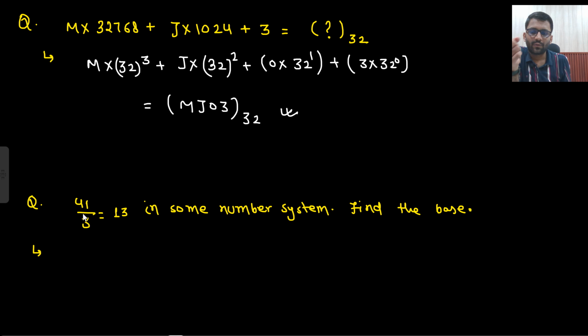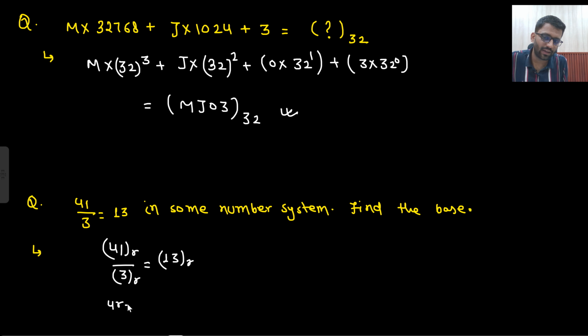Okay. 41 by 3 is equal to 13 in some number system. Find the base. You can do it on your own. In some number system, 41 by 3 is equal to 13. You need to find the base of the system. So I will not perform any calculation before converting into decimal.